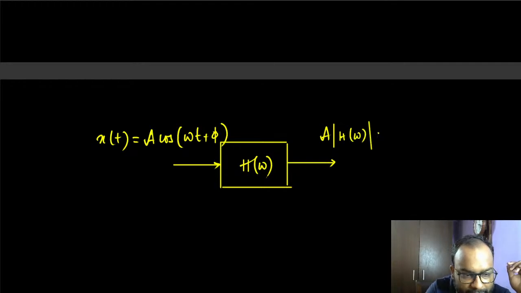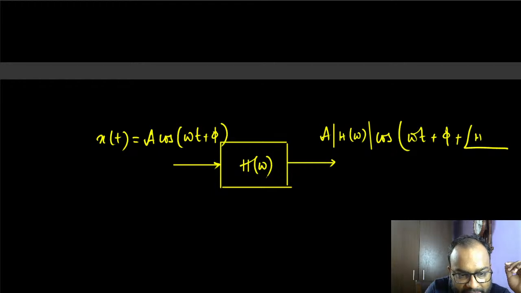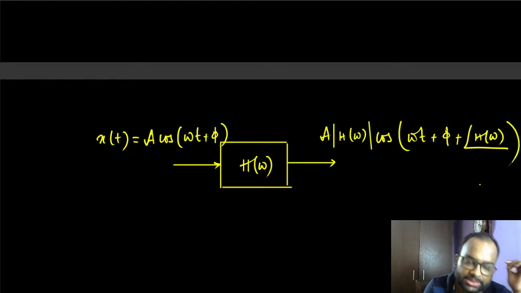We actually derived this. The frequency remains the same, and the phase gets shifted by the phase angle of this complex quantity H(omega), which is the Fourier transform of the impulse response.